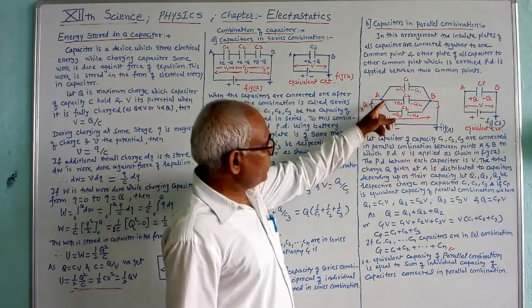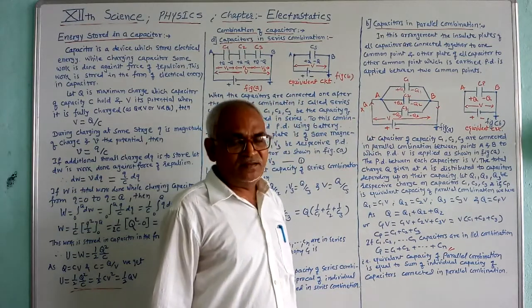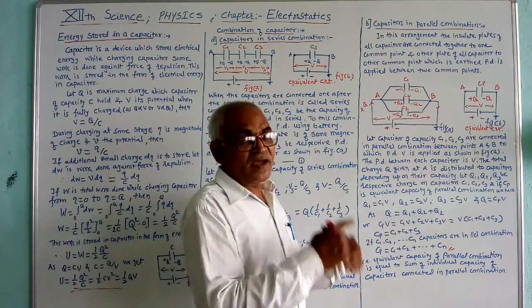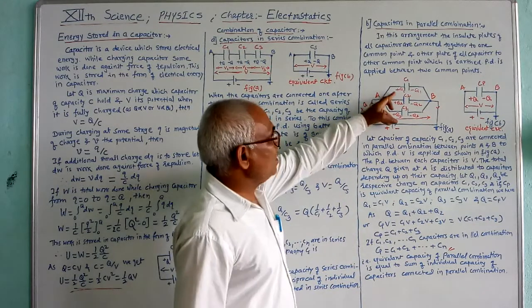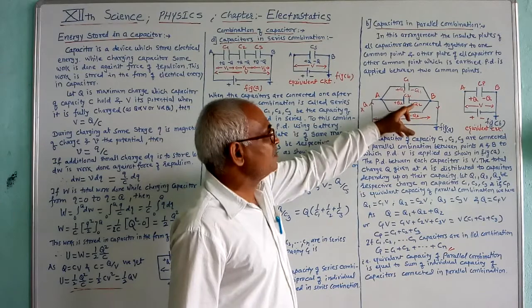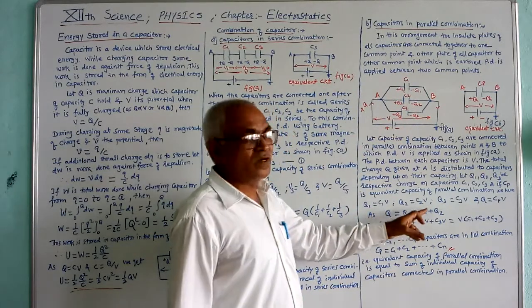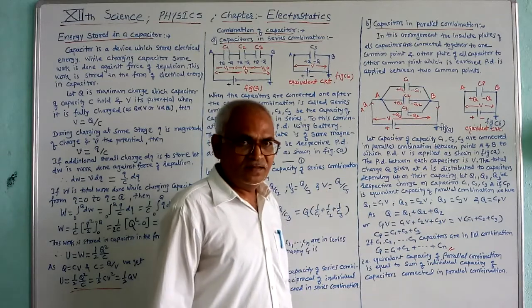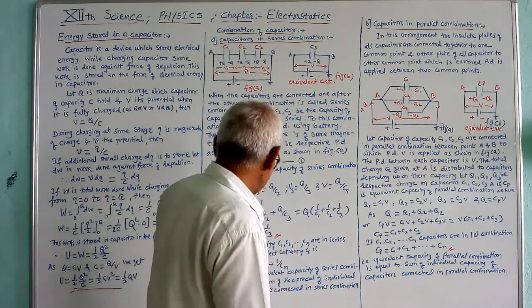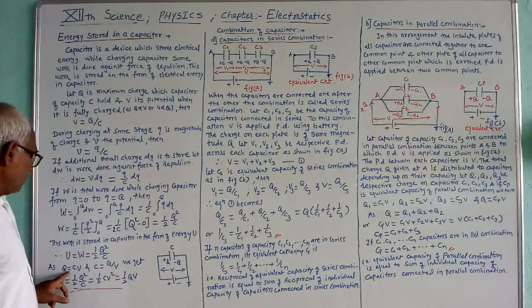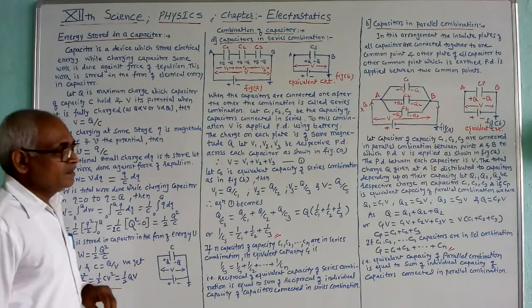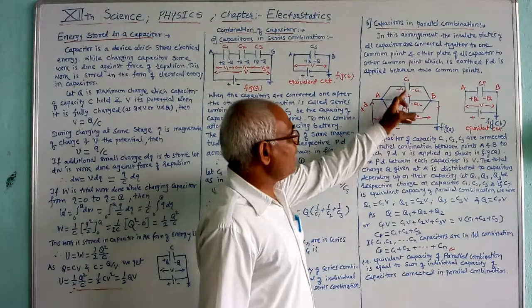The total charge supplied to this parallel combination is the sum of the charges stored in these capacitors. That means Q is equal to Q1 plus Q2 plus Q3. As we have the equation Q is equal to C into V, apply that equation to each capacitor.